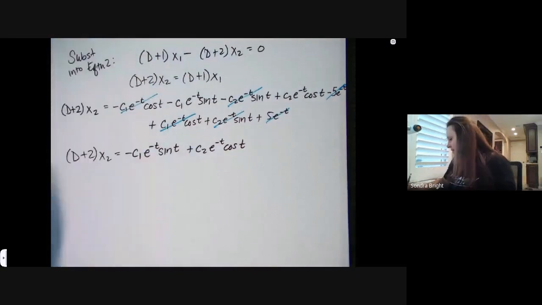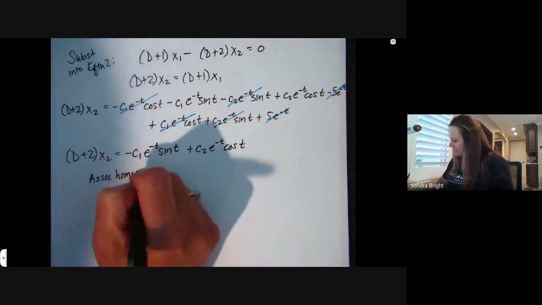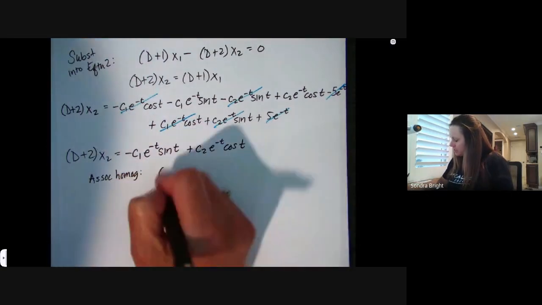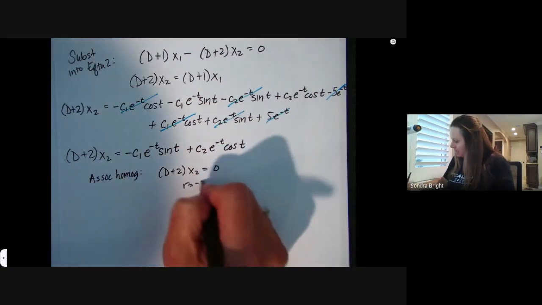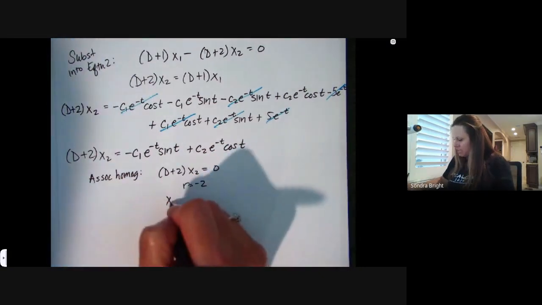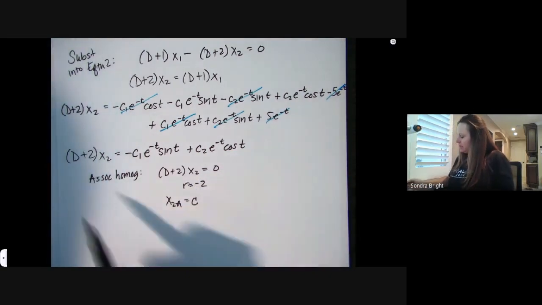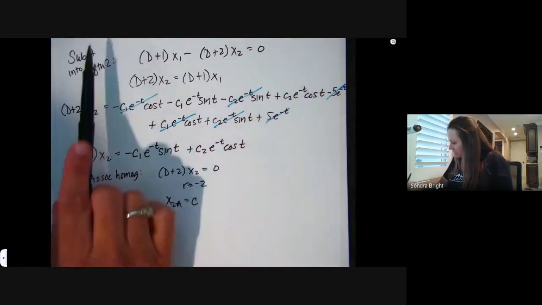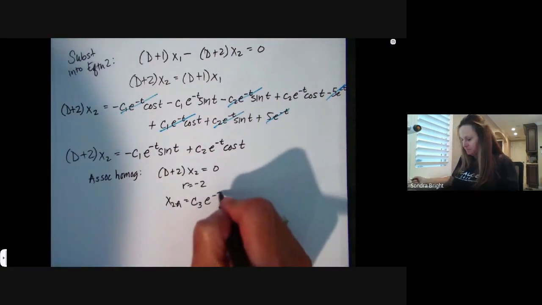Start off with the associated homogeneous, and that would have been solving D plus 2 operating on x2 is equal to 0. Well, that's an r equals negative 2, and so x2 homogeneous is a c, I've already used c1 and c2, so this is going to be a c3 e to the negative 2t.